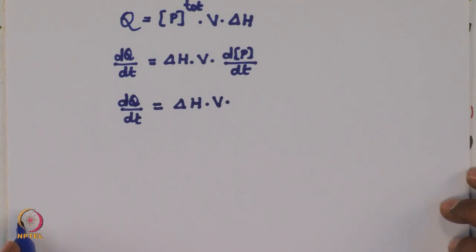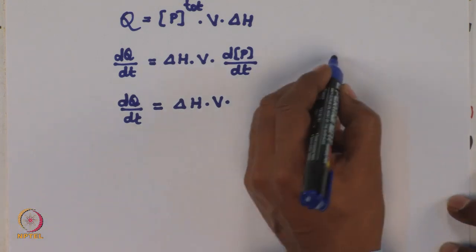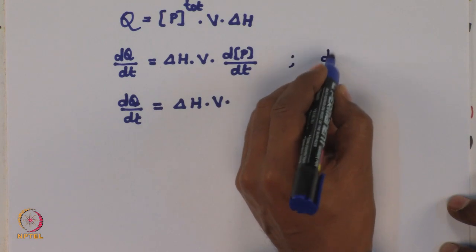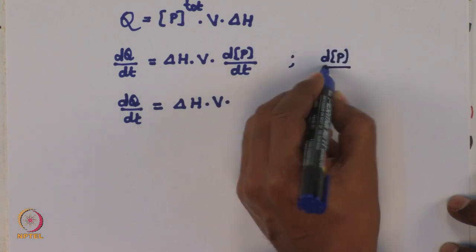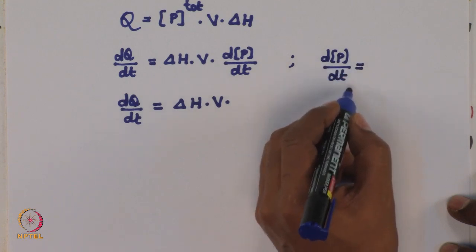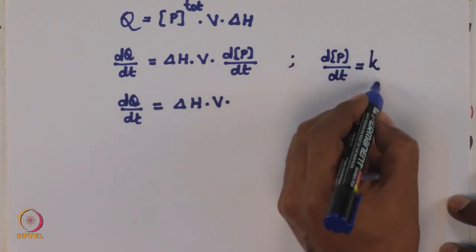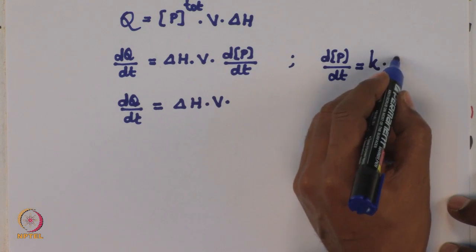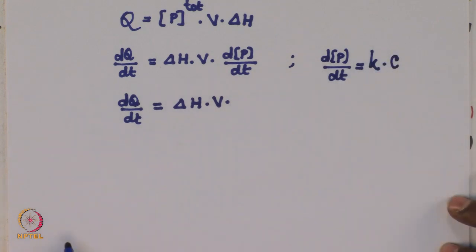what is dp by dt equal to? If I write dp by dt is equal to, assuming that this is a first order, rate constant into the concentration of the protein or enzyme.